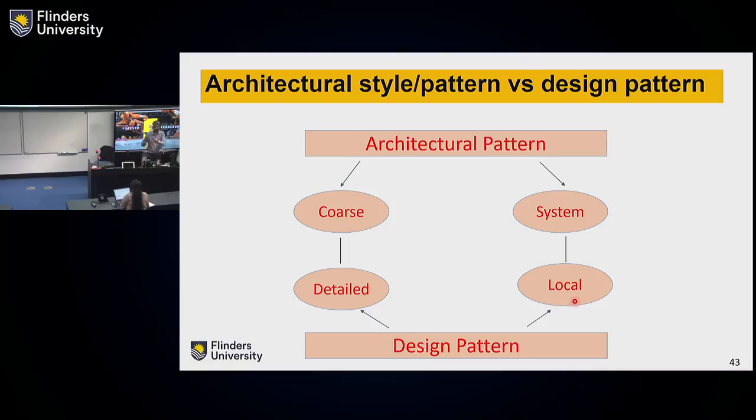We are creating an object through abstract factory. We have iterator, composite and strategy design patterns. So they are very local. Design patterns are code level solutions. At the design class diagram level we apply these design patterns, whereas architectural patterns are much higher level and apply to the entire system.